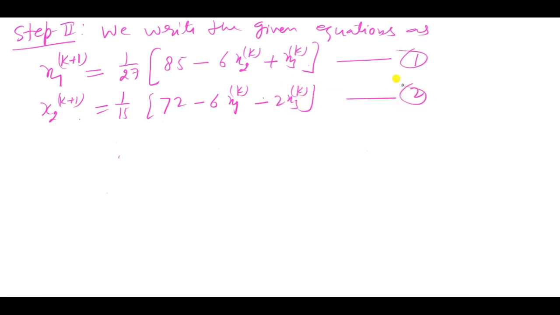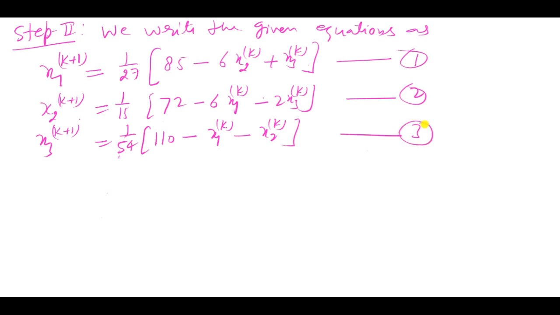This is equation 2, and with the help of equation 3, x3^(k+1) is equal to 1 upon 54 times (110 minus x1^(k) minus x2^(k)). This is equation 3. Here k is equal to 0, 1, 2, 3 and so on.